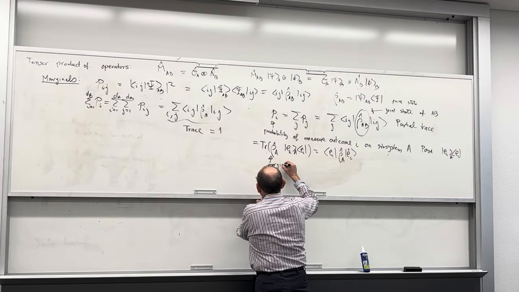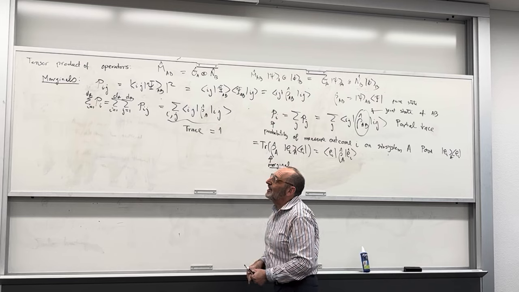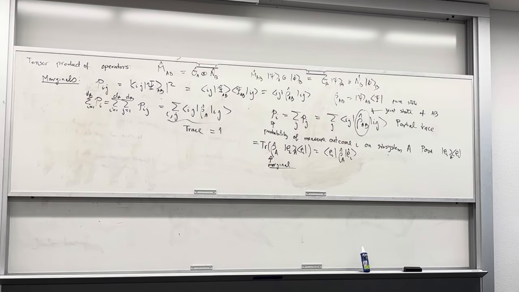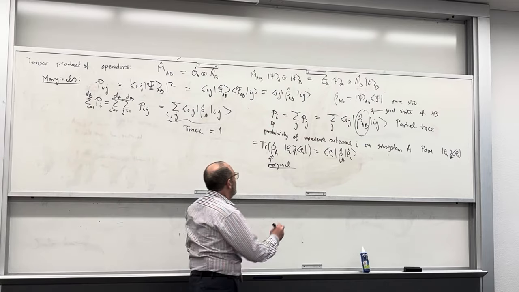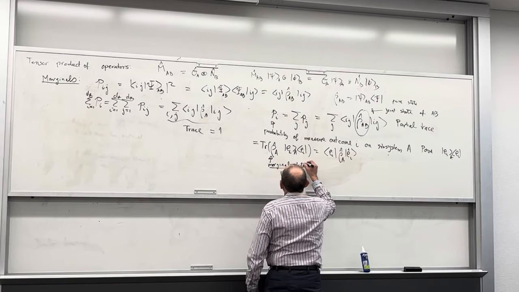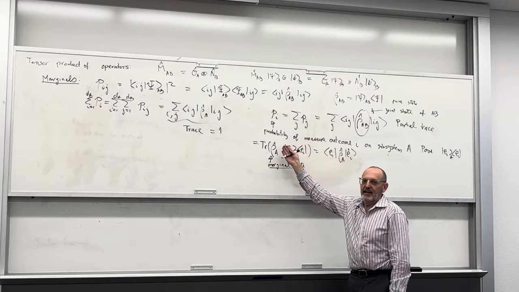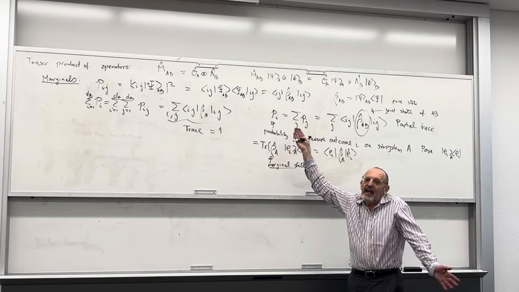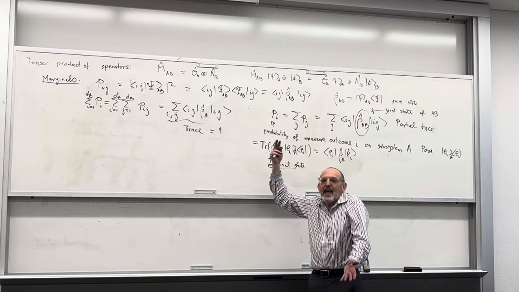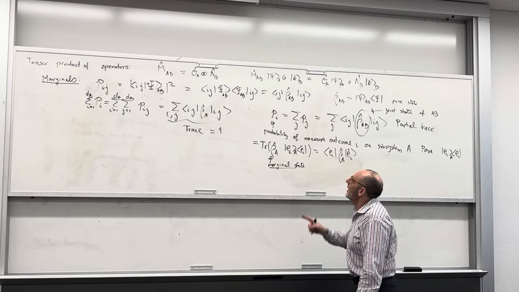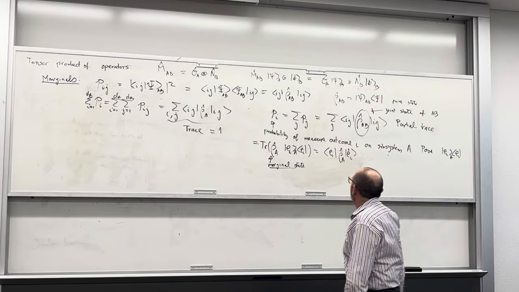The marginal state is the quantum mechanical generalization of the marginal probability distribution that we wrote down in statistics. This was the marginal probability distribution associated with a particular set of measurement outcomes, whereas the marginal state of the quantum system is something I could use to calculate the measurement outcomes for any POVM or any measurement I could do on subsystem A. But we can see what that is from this.